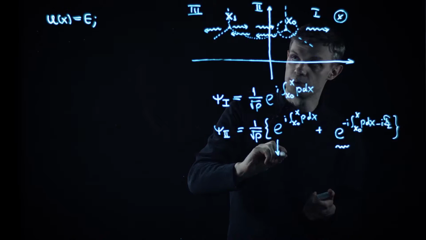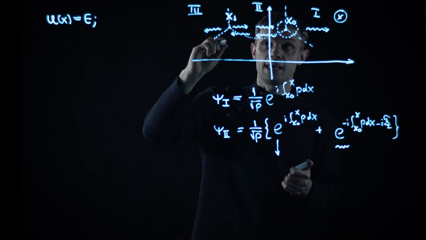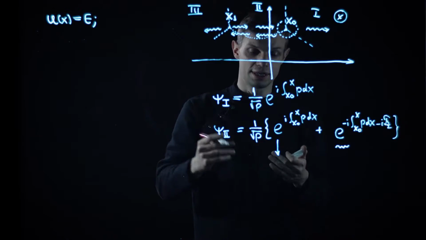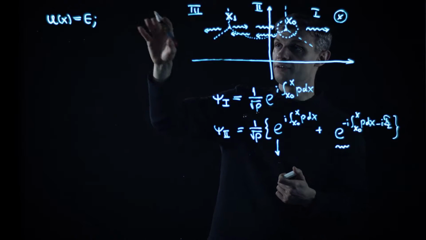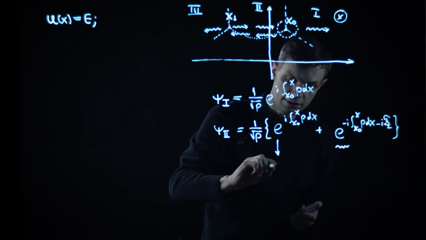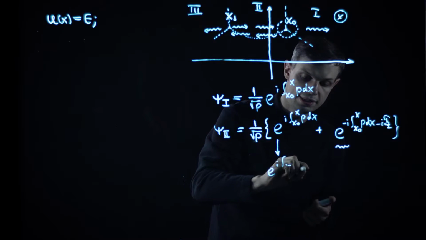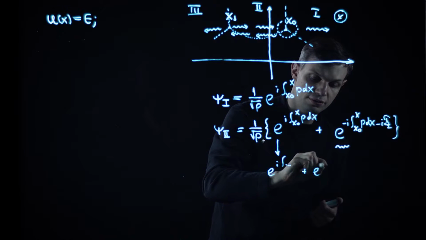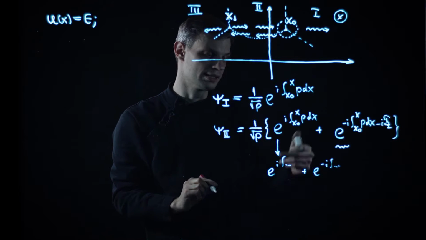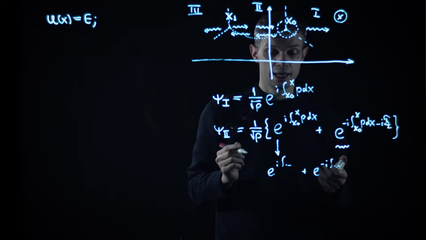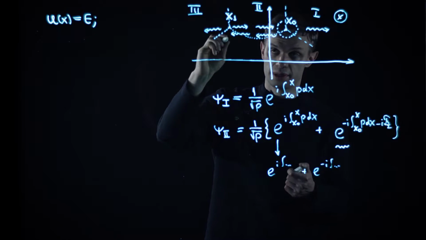However, the transmitted wave, this one, which propagates to the right, is again, due to the standard procedure, turned into a combination of the incident wave and a reflected wave in region 3. So this exponential becomes the same one and acquires an additional factor with the same expansion with minus integral. However, this is true, of course, in the vicinity of point x1.